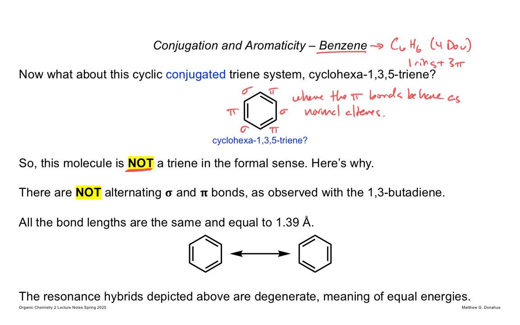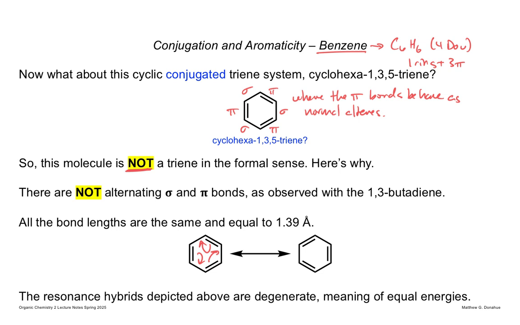Due to resonance, as you see in the figure here, it's kind of subtle, but from the left to the right, those pi bonds are shifting. As a consequence, every carbon-carbon bond in the molecule has the same distance. We remember that sigma bonds are longer than pi bonds, right?